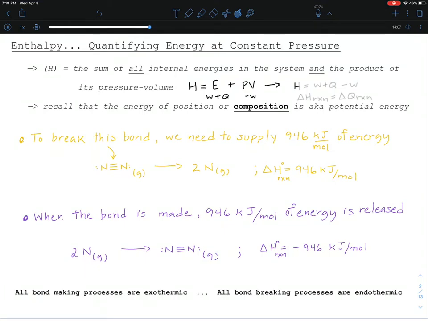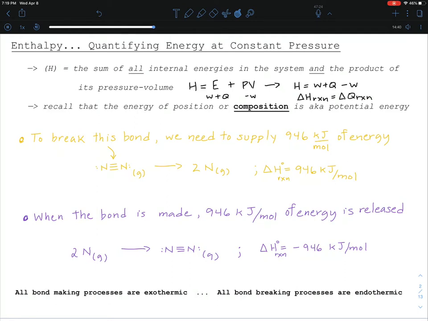We've got the enthalpy for the reaction, or the heat of the reaction, is going to be equal to the sum of all of the energies, work plus heat, minus work. So in other words, the change in the enthalpy for the entire reaction is going to be equal to the change in the heat of the reaction.